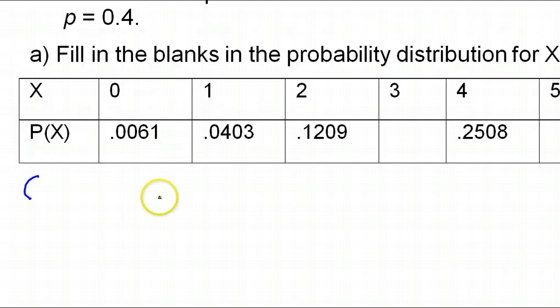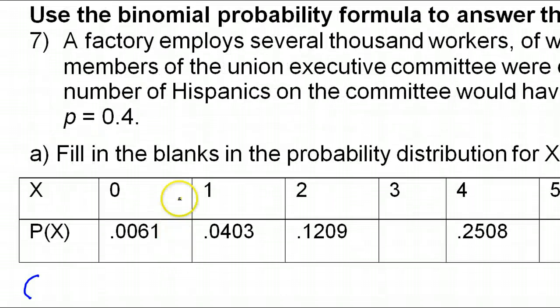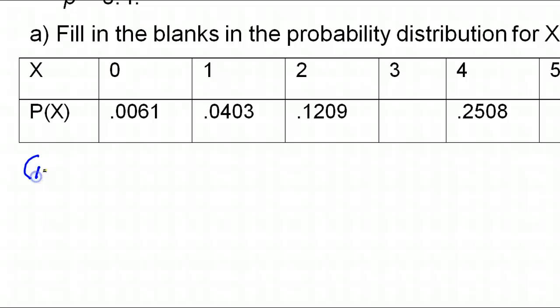There's a total of 10 being chosen, and they just plain told us that n was 10. So we have to start off with 10, choose something. In fact, I should start by labeling this. So I am finding the probability of x equals 3 right now, which in the context of this problem means the probability of having 3 Latinos on the committee.